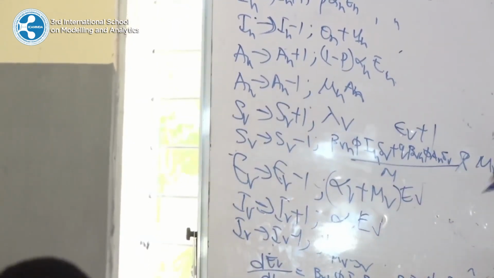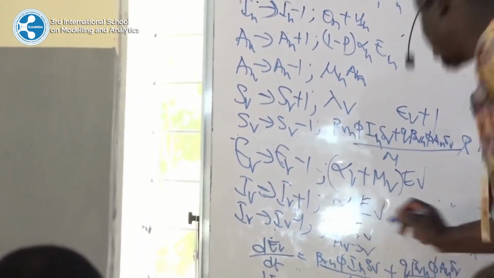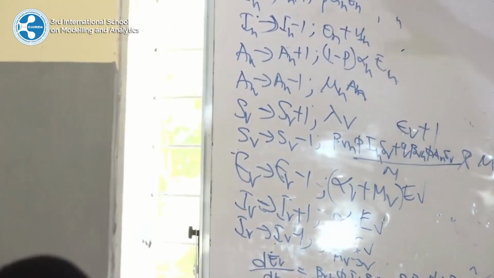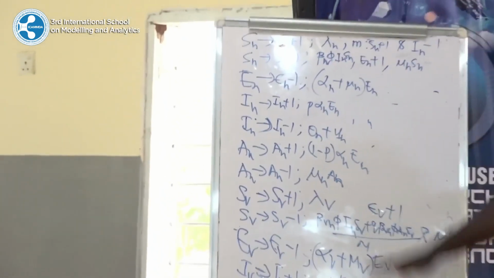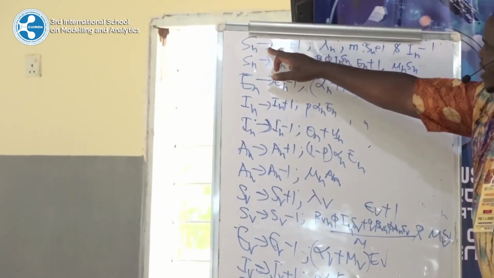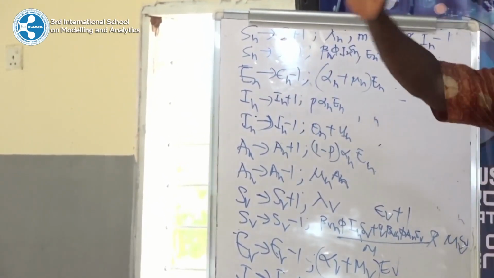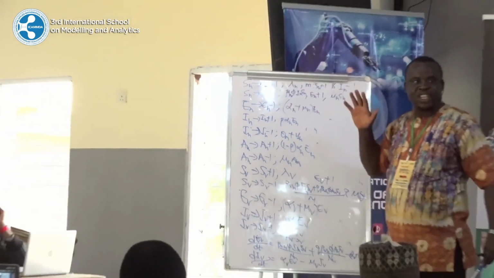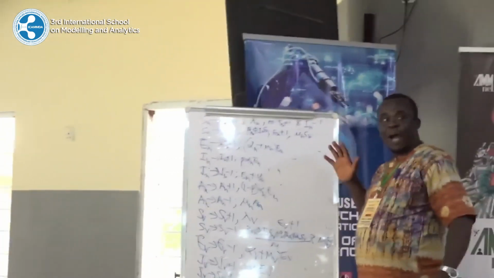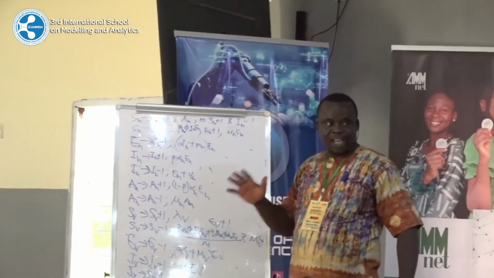So each of those events, so this is an event. Wait, so we have different kinds of events here, right? So starting from SH plus 1, it's an event. People are entering the class. They are entering the susceptible class via births, right?